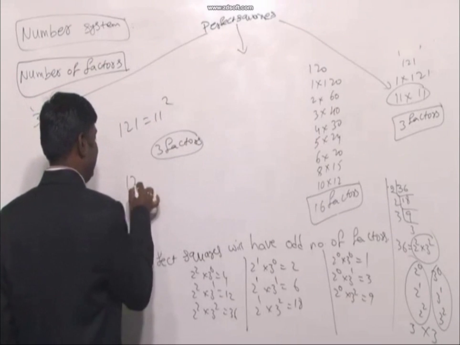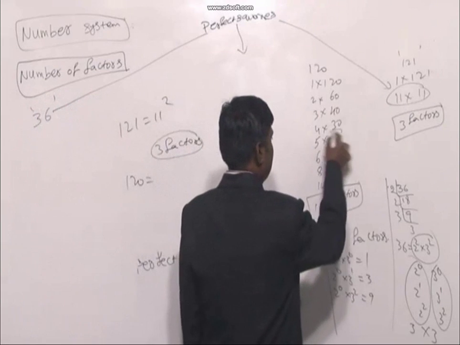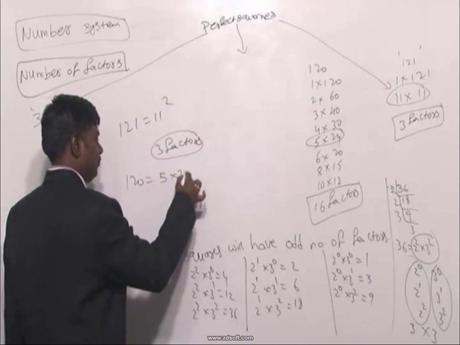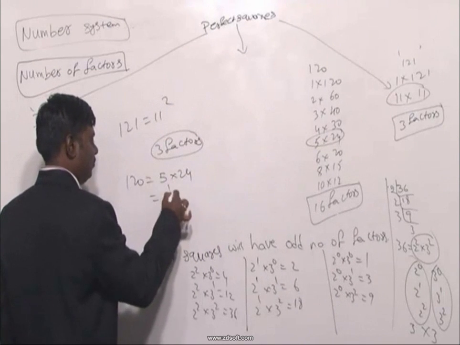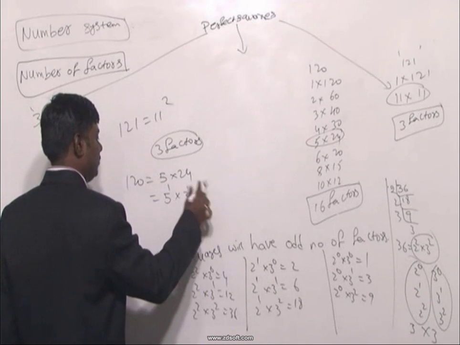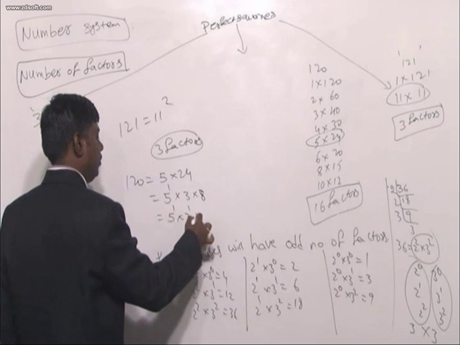Okay, 120. 120 can be expressed as 5 into 24. 5 power 1. 24 can be expressed as 3 into 8. So that is 5 power 1 into 3 power 1 into 2 power 3.